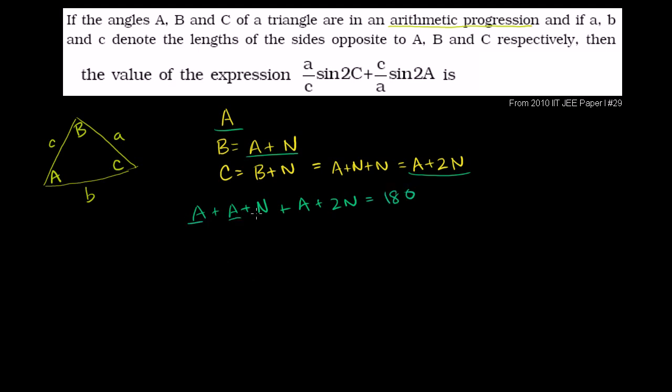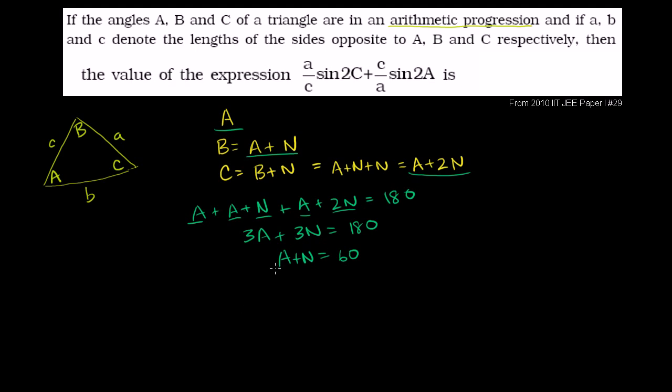We have three A's here, so we get 3A plus 1n and another 2n. 3A plus 3n is equal to 180 degrees. Divide both sides by 3, and you get A plus n is equal to 60 degrees.